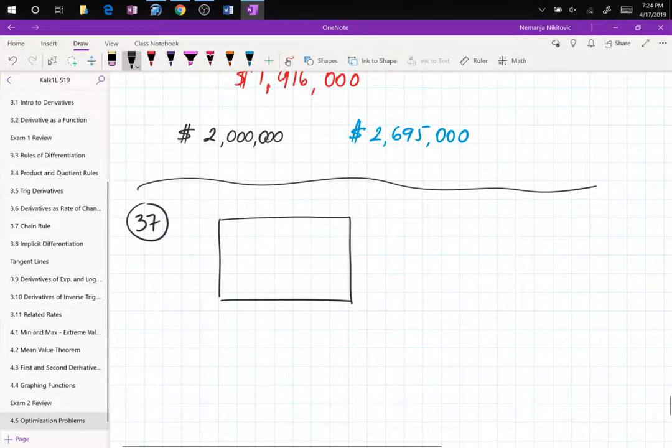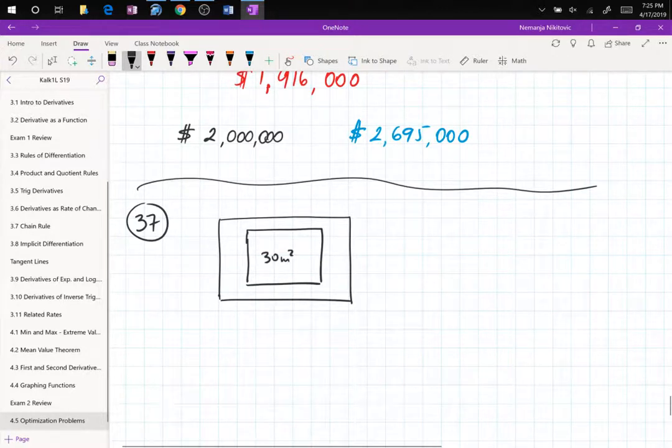So we have a rectangular plot of land, and we have a pool in it. Rectangular flower garden with an area of 30 meters square. So now this is a 30 meter square pool.